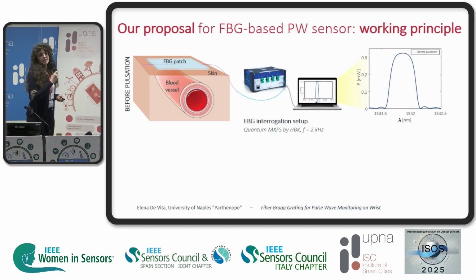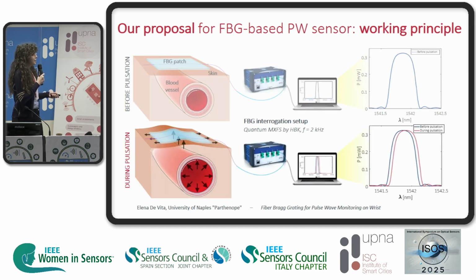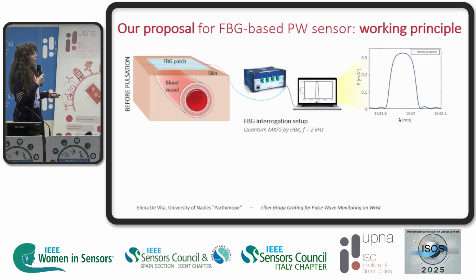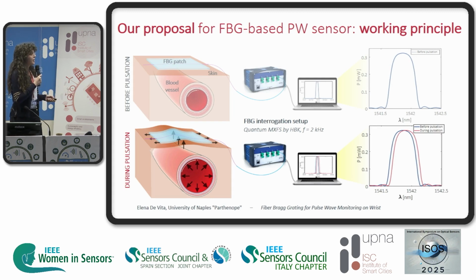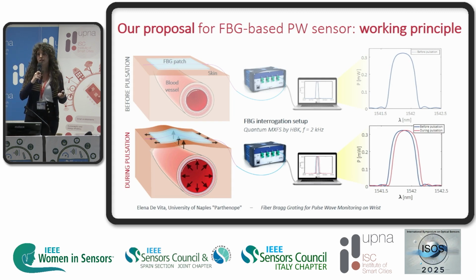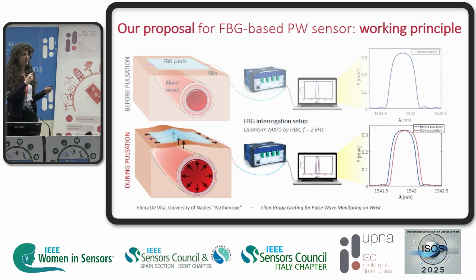So what is the idea for the measurement of pulse wave? The idea is to put the sensor, the patch, on the skin, in correspondence of a blood vessel. The working principle is that when the pulsation occurs, a pressure is applied on the skin surface and so on the lower surface of the patch, and the FBG, which is embedded inside the patch, experiences a strain and it stretches.